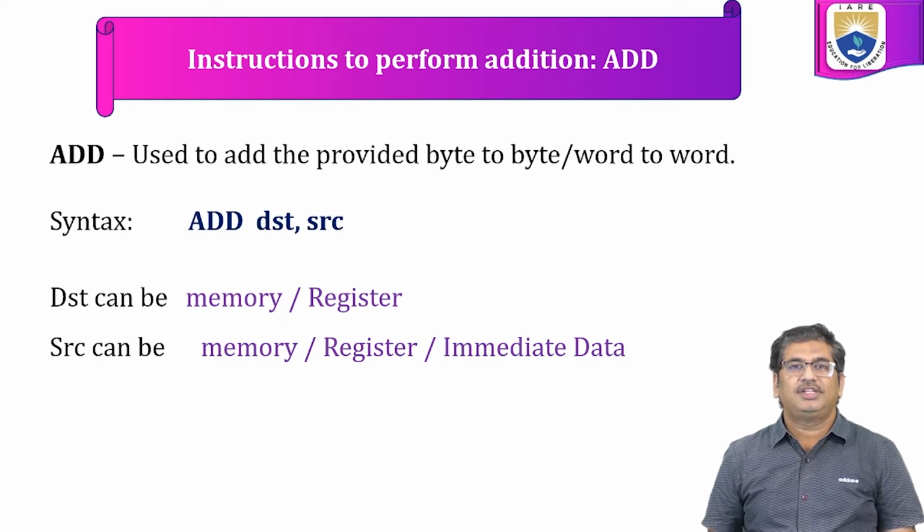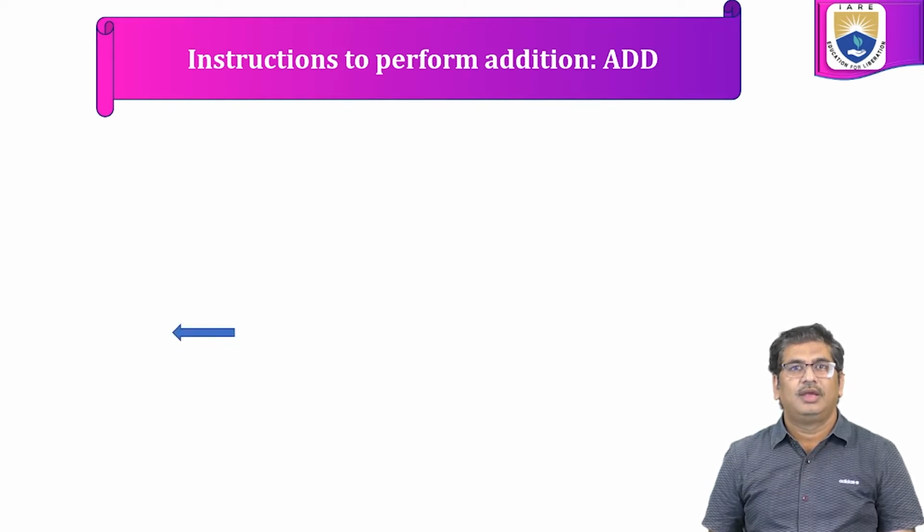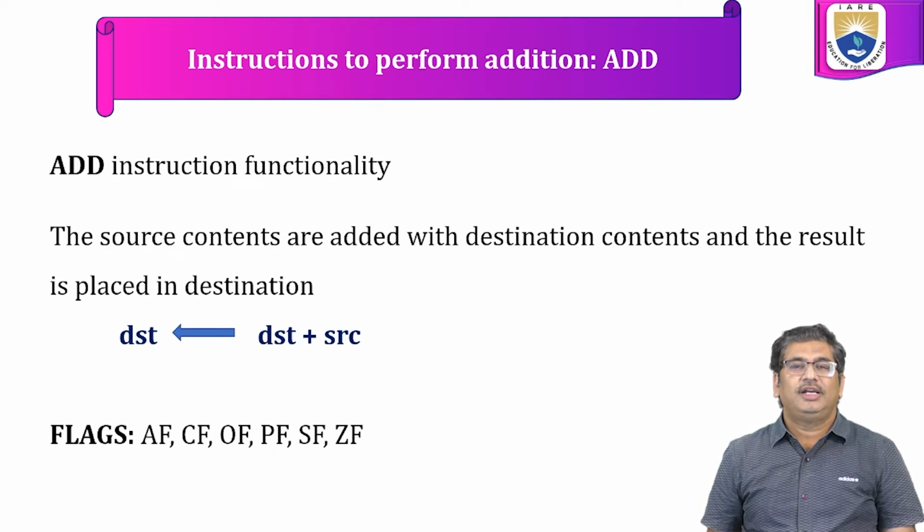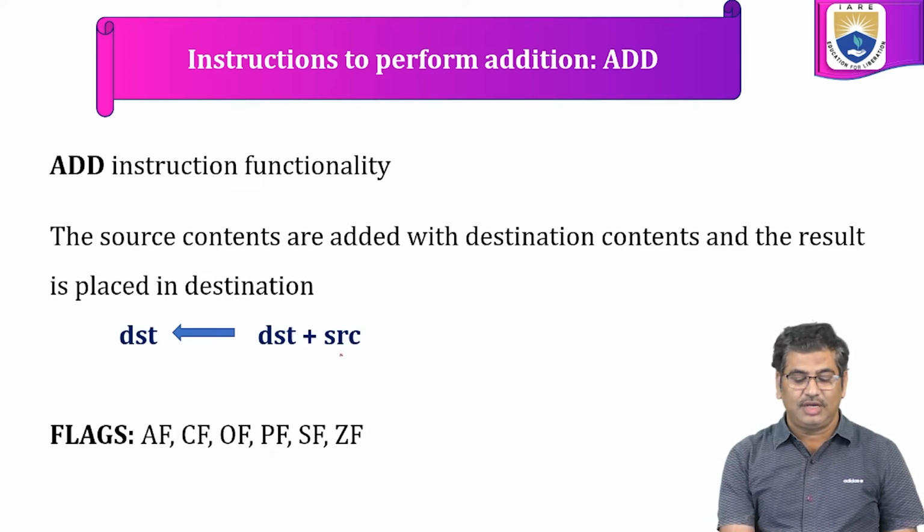Here, the destination can be a memory or a register, whereas the source can be a memory location, register, or immediate data. The ADD instruction adds the source content to the destination content, and the result will be stored again in the destination.